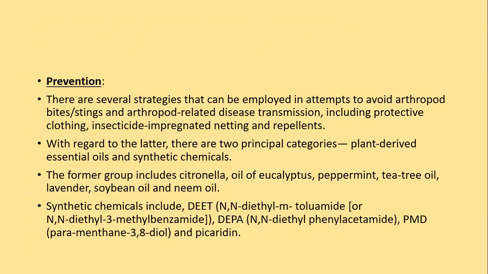Prevention. There are several strategies that can be employed in attempts to avoid arthropod bites, stings and arthropod-related disease transmission that include protective clothing, insecticide-impregnated netting, and repellents. This is mainly applicable to flying insects. With regard to the latter, there are two principal categories, that is, plant-derived essential oil repellents and synthetic chemicals.